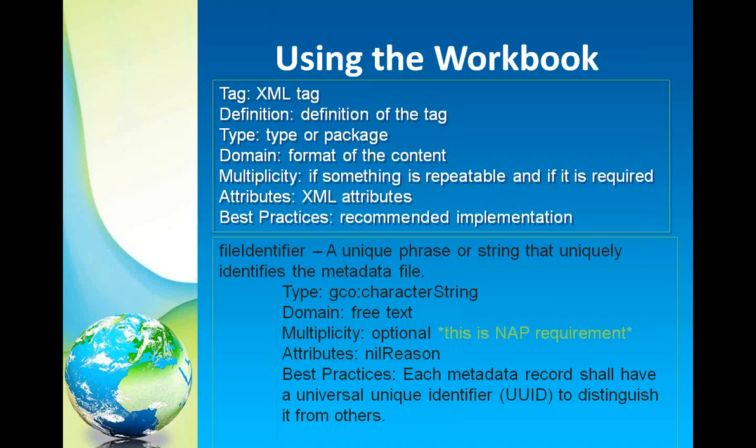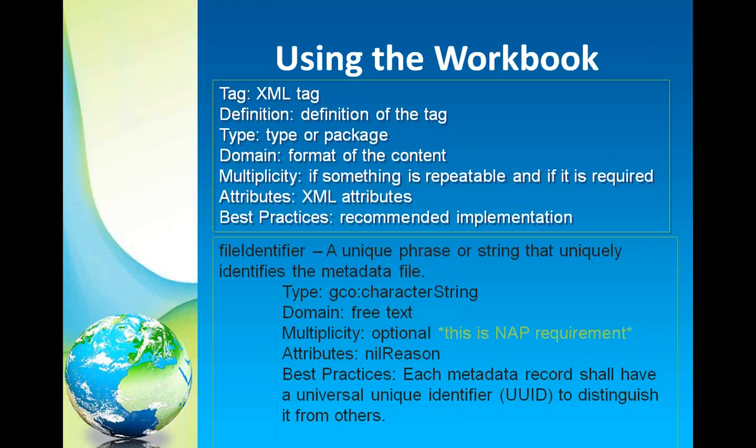All the packages in the workbook are documented in alphabetical order. And the workbook includes selected graphics, the geographic information metadata standard implementation guide, as well as the feature catalog standard implementation guide. The workbook also documents differences between the ISO standard and a North American profile, which is a profile of the ISO.